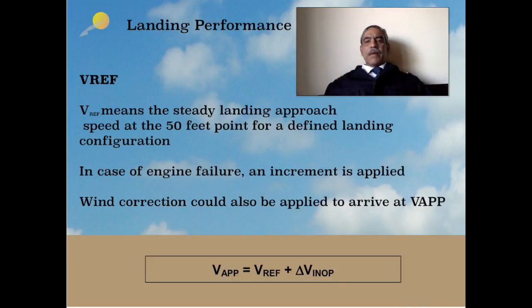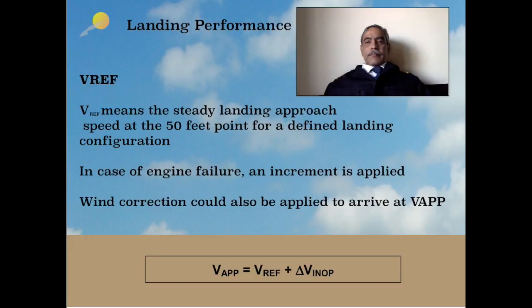VREF is very similar to V approach in some aircraft. It is used as the main reference speed. It is the speed which the pilot aims to achieve at 50 feet above the threshold before commencing the maneuvers for the landing per se.